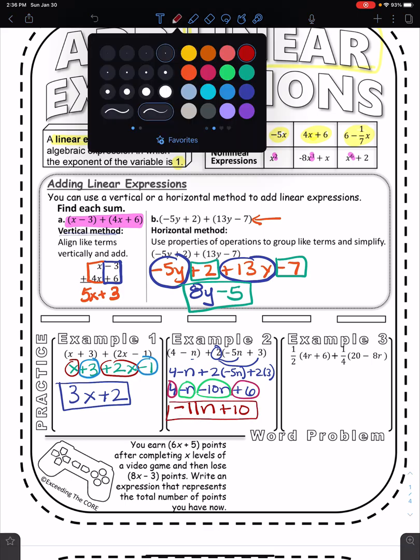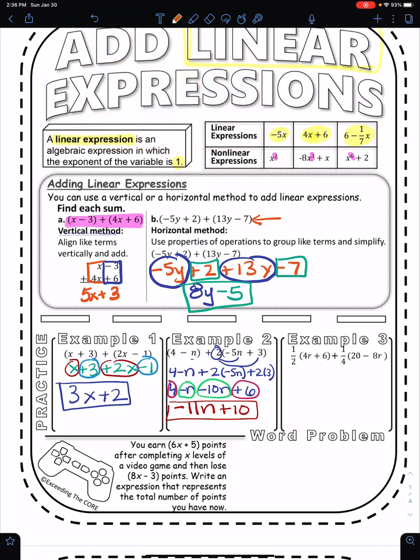The last one has two distributing parts before I can go on. So I have 1/2 times 4r and 1/2 times 6, and I'm going to add that to 1/4 times 20 and 1/4 times negative 8r. I don't even think I need to write it out, because everyone gets afraid of fractions, but really 1/2 times something is just taking half of that number.